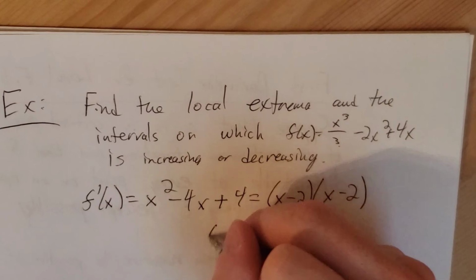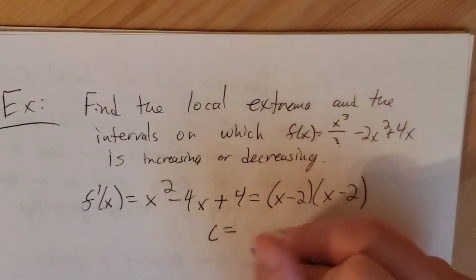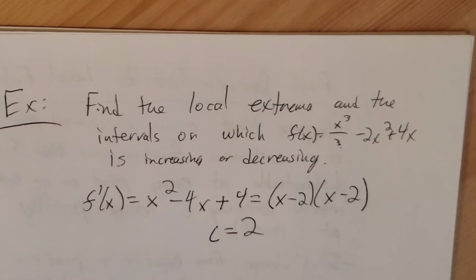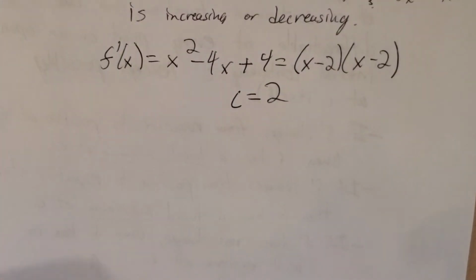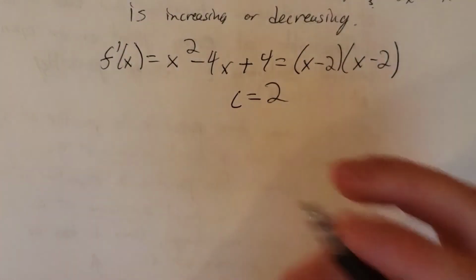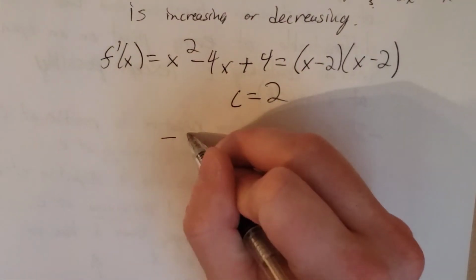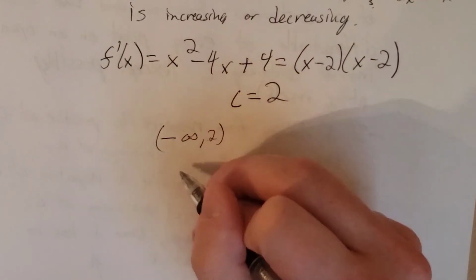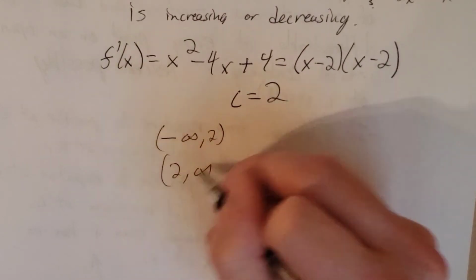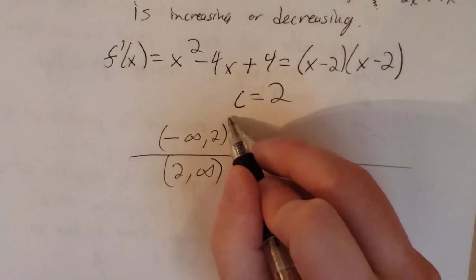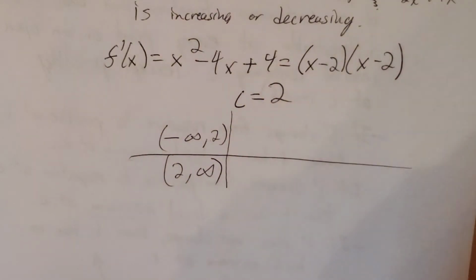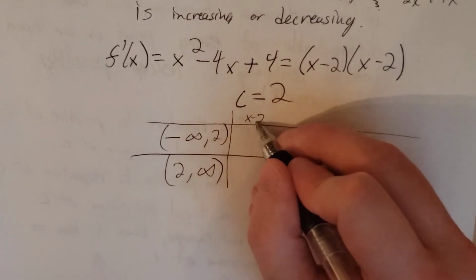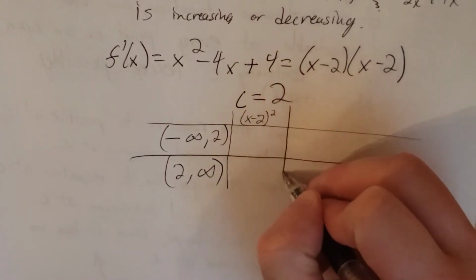We only have one critical point here, and that is c equals positive 2. This breaks up our domain into two intervals: the interval from negative infinity to 2, and the interval from 2 to positive infinity. And it looks like we only have really one factor, but it is squared.